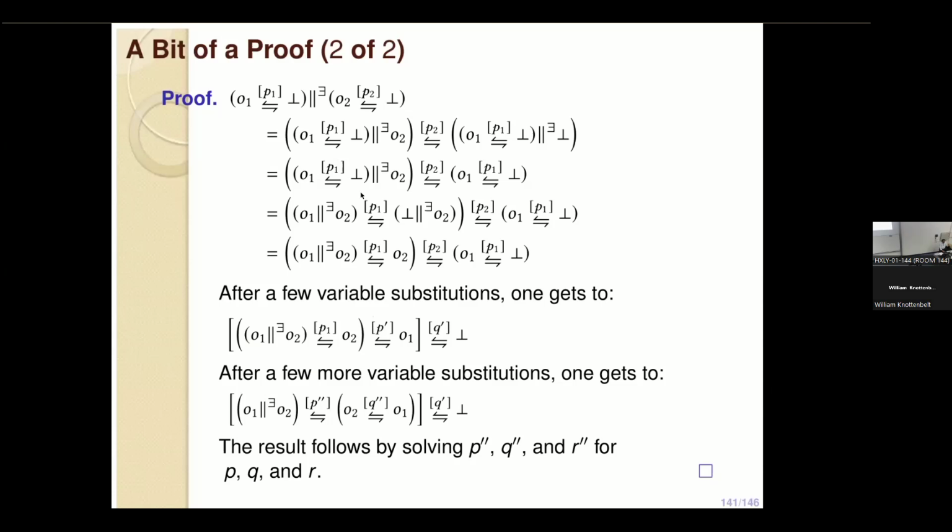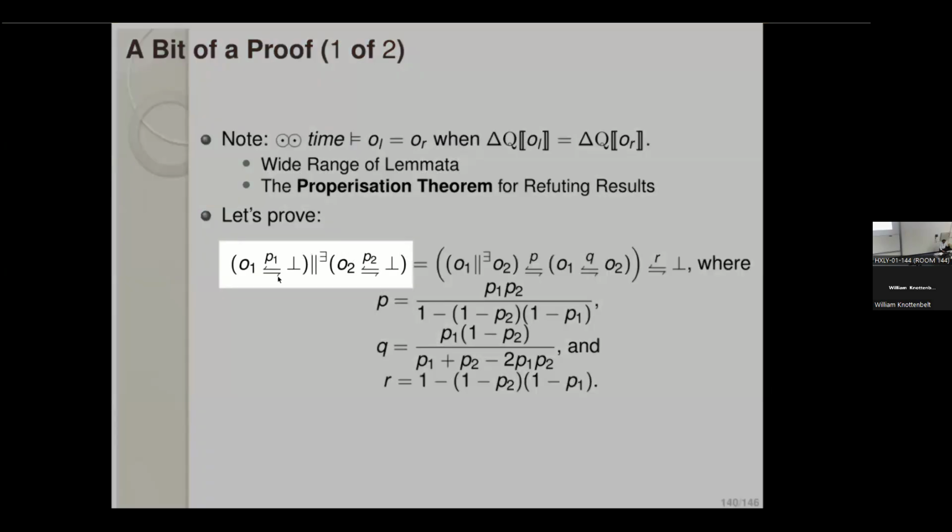Notice that at the very top, and I need to go back to here, you see that there's P1 and P2 here, right? We want to work out the percentages or the labels here for P, Q, and R, right?